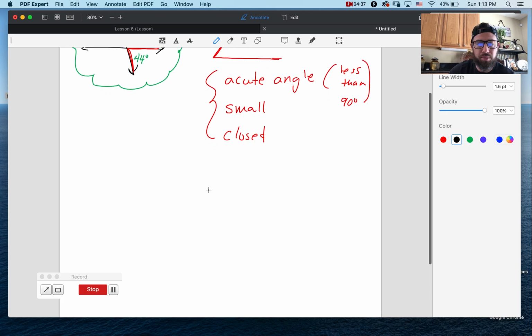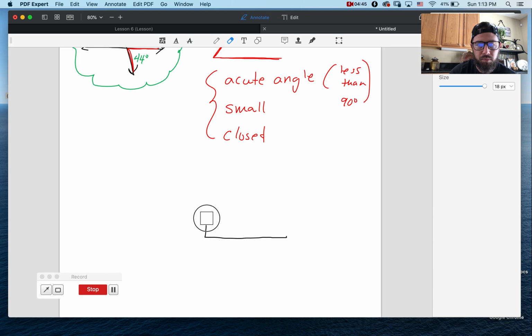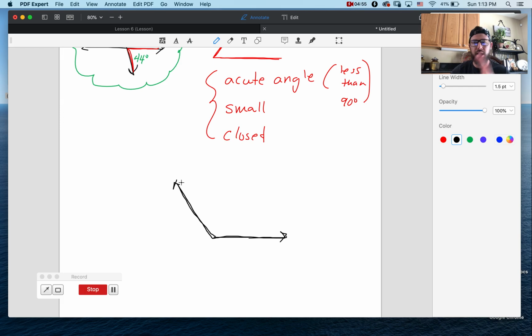Now, I'm going to show you something else. Anything that's bigger than 90 is what we're going to do now. So we're going bigger than 90. I'm going to open him up a little bit. Okay, he's open, right? He's not a perfect L. He's not closed.